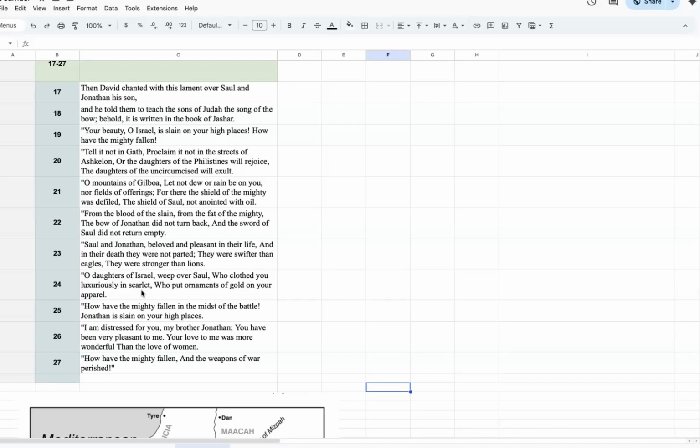So for this one, I have David chants a lament over Saul and Jonathan. But just first read, what do you notice about this? Well, he uses the word mighty a lot, referring to them. At the beginning, it says it's his lament over Saul and Jonathan, and doesn't mention the other brothers.